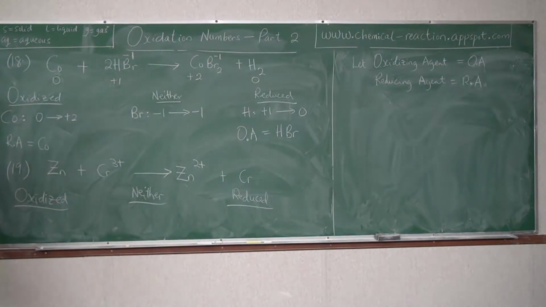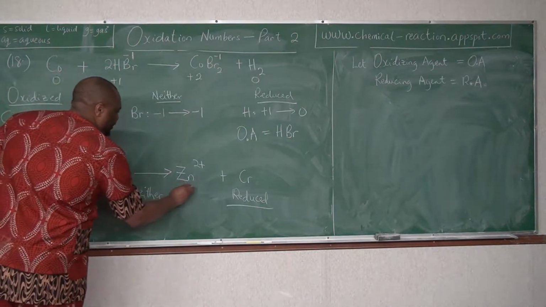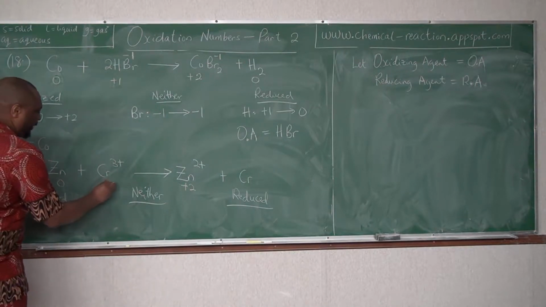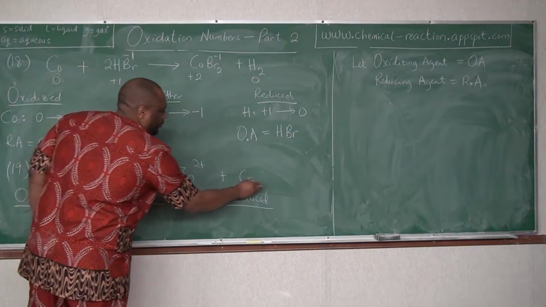So zinc here is 0, this is 0, and this is plus 2. From 0 to plus 2. And then chromium is from plus 3 to 0.